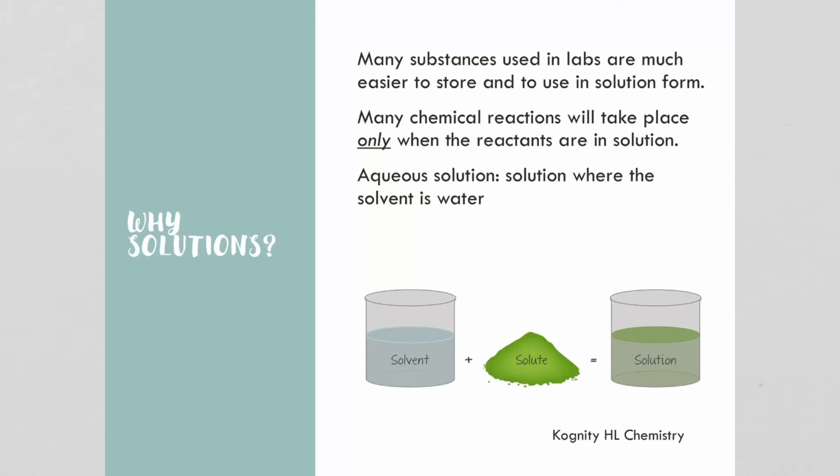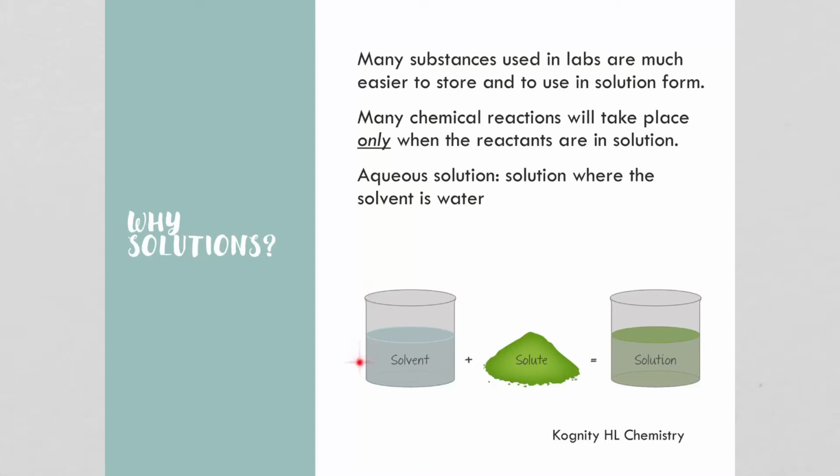And just a reminder of the different terms. The solvent is the substance that's holding the solute. The solute is the thing that's dissolving in the solvent. Solvent is usually the most abundant material, and the solute would be in lower quantities.